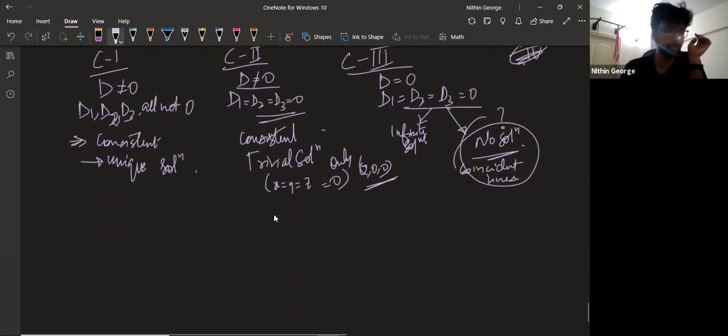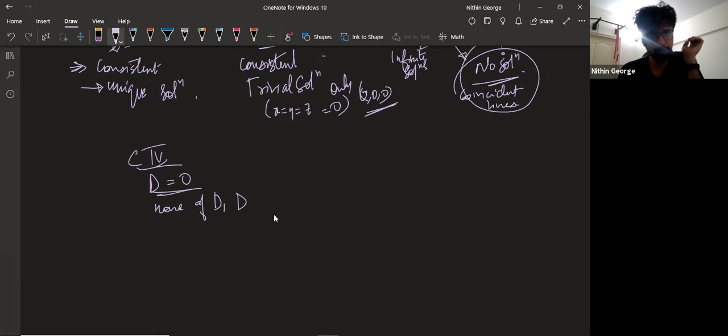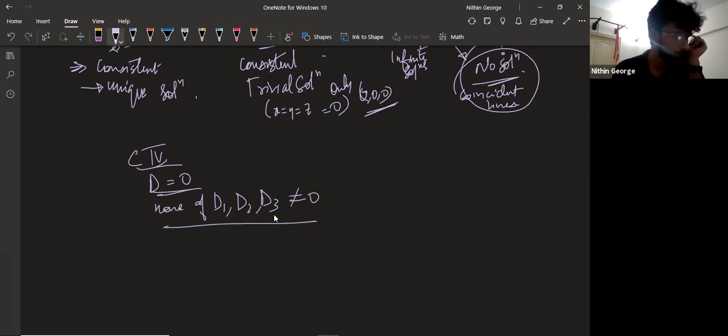And then comes the fourth case. The fourth case is when D is equal to 0. You have a bunch of parallel planes, but D1, D2, D3 are all not equal to 0.